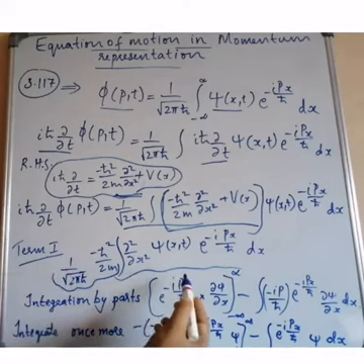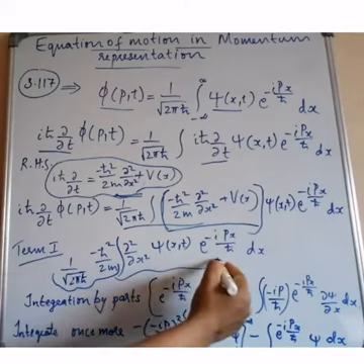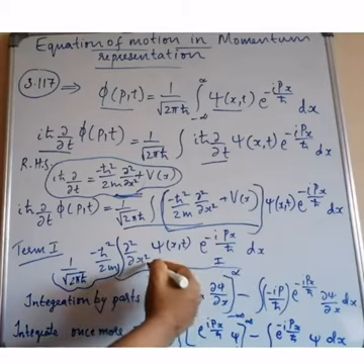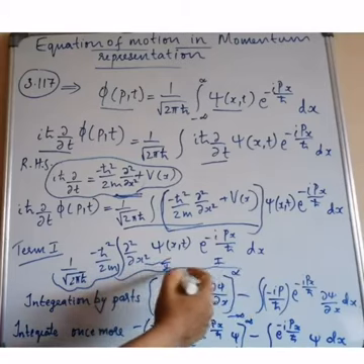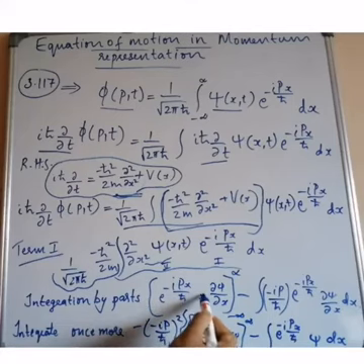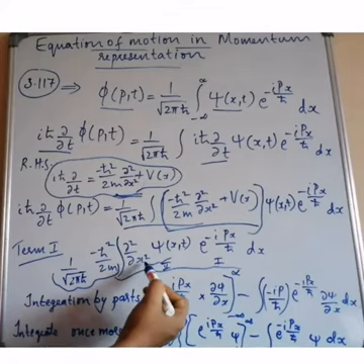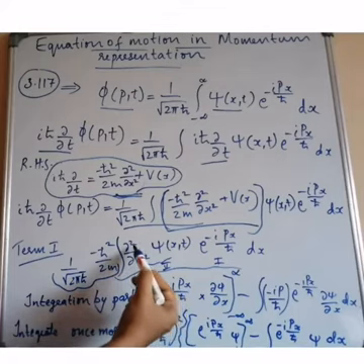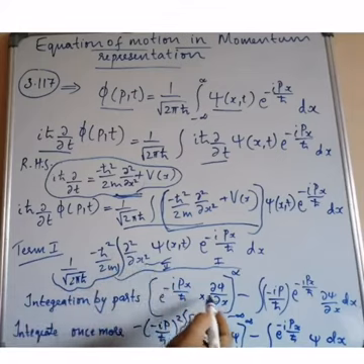So integration by parts. I am going to take this as the first function and this as the second function. The first function is e raised to minus ipx by ħ, into the integral of the second. Here we have ∂²ψ/∂x², so when we take the integral, the order of differentiation is reduced to 1.